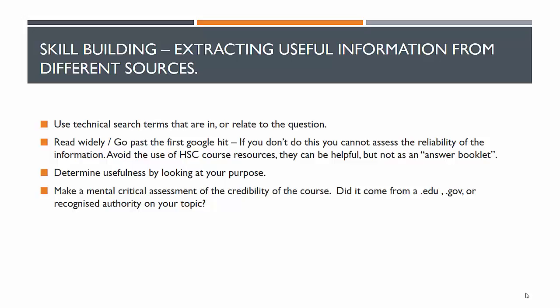Alright, so the other thing is you've got to look at the usefulness of the information. How does it serve your purpose? That puts the content and the context together. It's making use of that context. And then, you're making some really sensible decisions about whether or not you should trust a source of information. Does it come from a .edu website or a .gov or some sort of recognised authority?